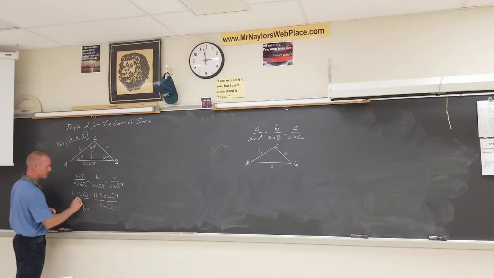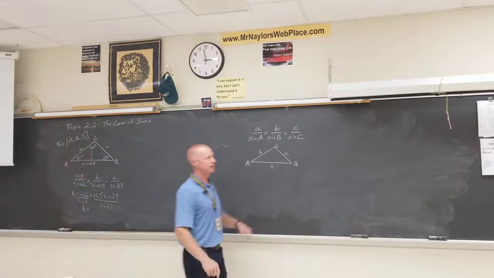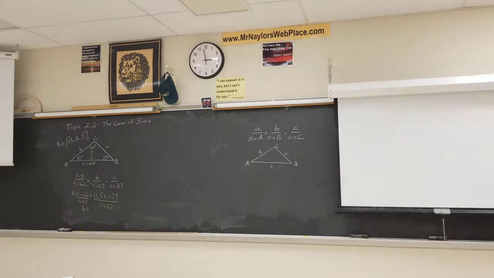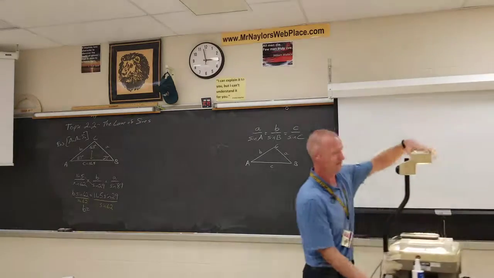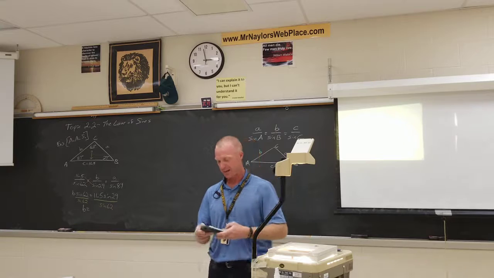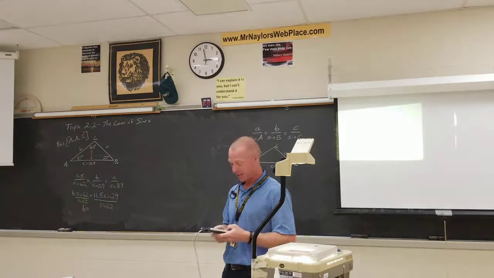And that will ultimately be our side B. Put it in your calculator: take 11 and a half times the sine of 29 and divide it by the sine of 62.